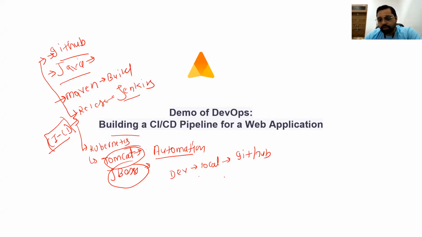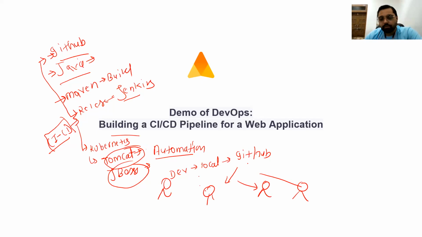Suppose I want to test. One person is for building, one person for testing, and one person for deployment. There might be multiple teams or multiple persons to achieve the software development lifecycle for your application. So this is one more developer.